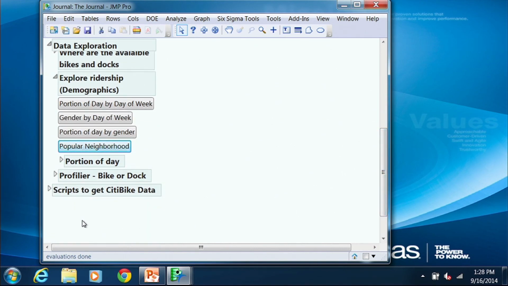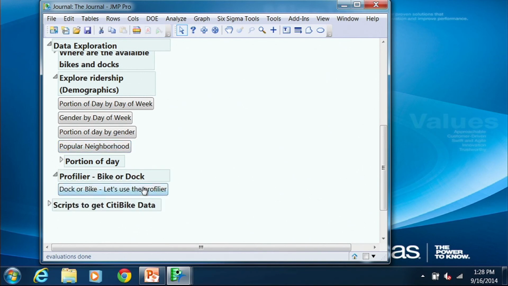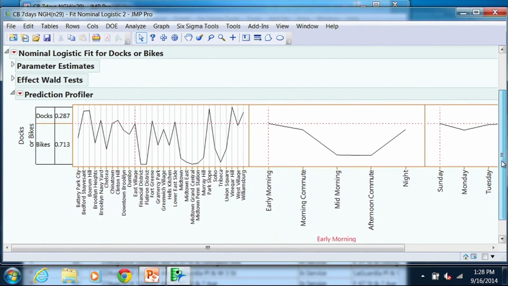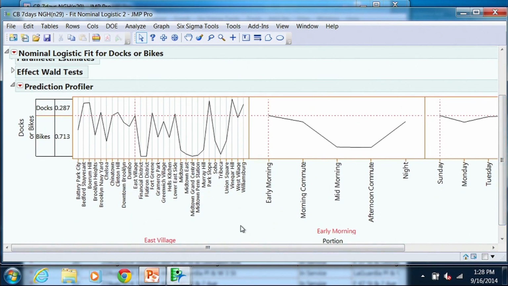So with that all being said, we decided to run a logistic model about is there a bike available or is there not. And it was very interesting to us because coming back to one of the questions was rebalancing, repopulating our information.